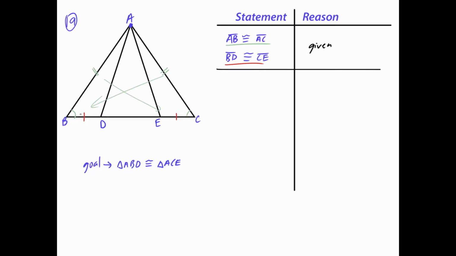So that means B and C, those angles should be the same. So angle B is congruent to angle C. Now the reason behind that is it's kind of like the isosceles triangle theorem, but it's backwards. And anytime you're going backwards, that is called the converse. So it is the converse of the isosceles triangle theorem.